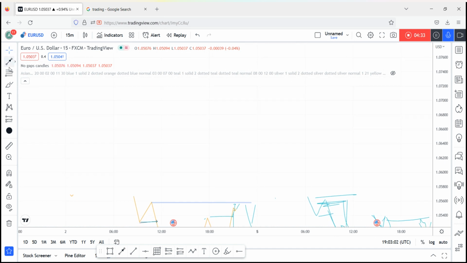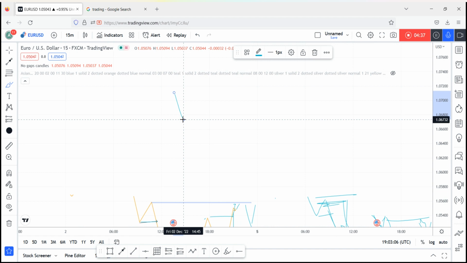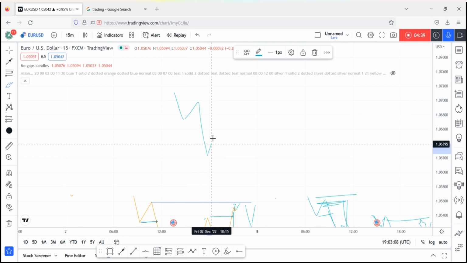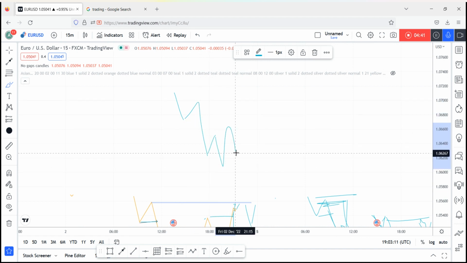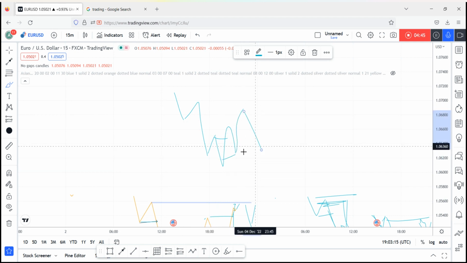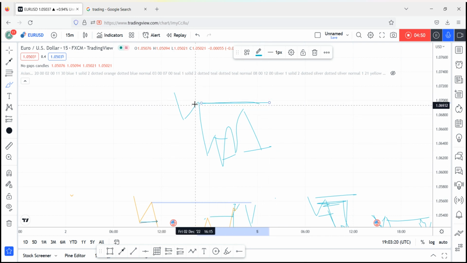Yeah, this is okay. So the next possibility is if price makes a break of structure from here like this, and then makes a change of character from here, mitigates this demand zone to the upside, and there is an unmitigated supply zone from here, right?